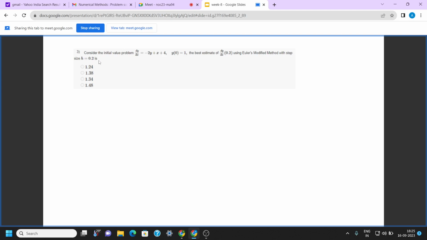Find it, either it is 1.24, 1.38, 1.34 or 1.48. Find it.